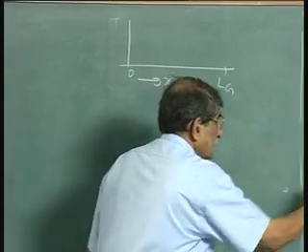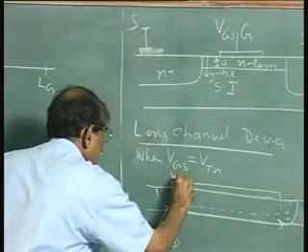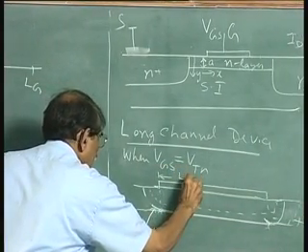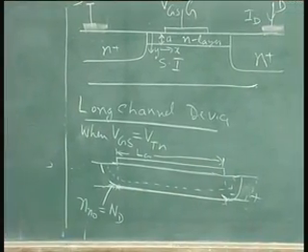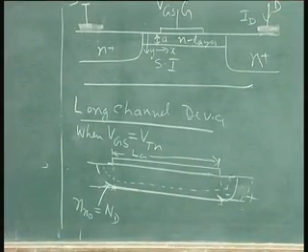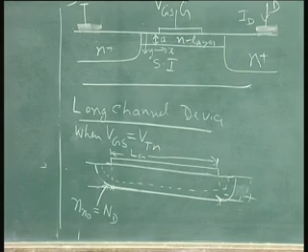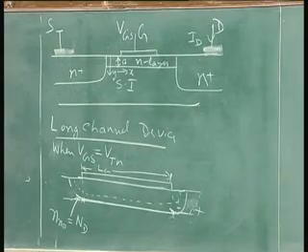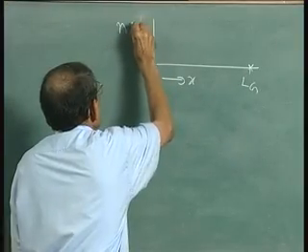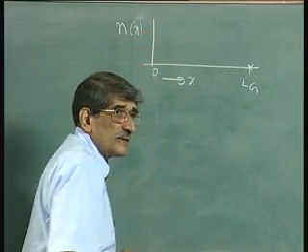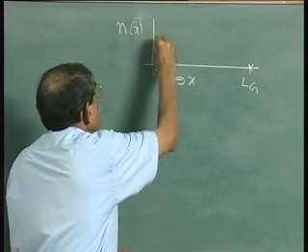This is L g. This is almost similar to a MOSFET, but the mechanism is different here, the way the pinch off takes place. So, this is 0 carrier concentration. I plot n as a function of x, the electron concentration that is falling from there.